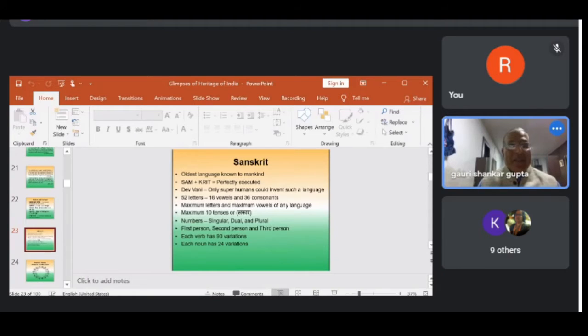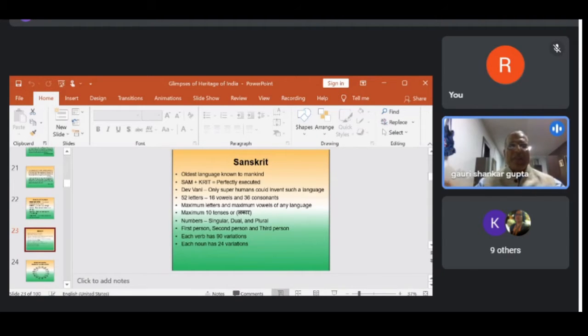Then it has numbers, that is singular, dual, and plural. These are three numbers, 1, 2, and more. Most languages have singular and plural. There is no dual in between. It has duality there. And then it has three persons. Most languages have the first person and the third person. It has first person, second person, and third person.